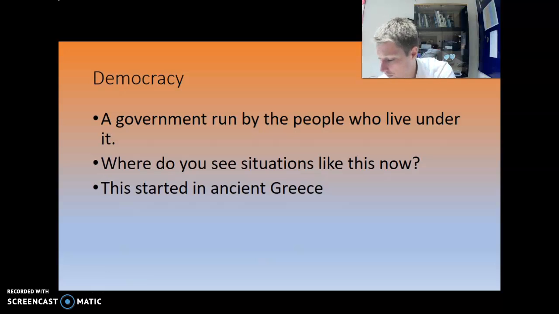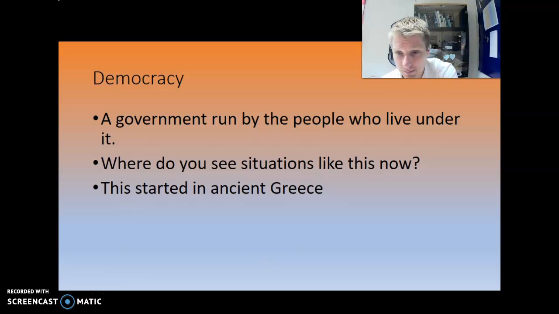For most of human history before this, the type of government was like a king, one person in charge, maybe with a few friends around them, and they run the country. They make the decisions, they make the laws, and sometimes they're good, sometimes they're bad. Sometimes they exploit their power, sometimes they give good laws and rights to their people.